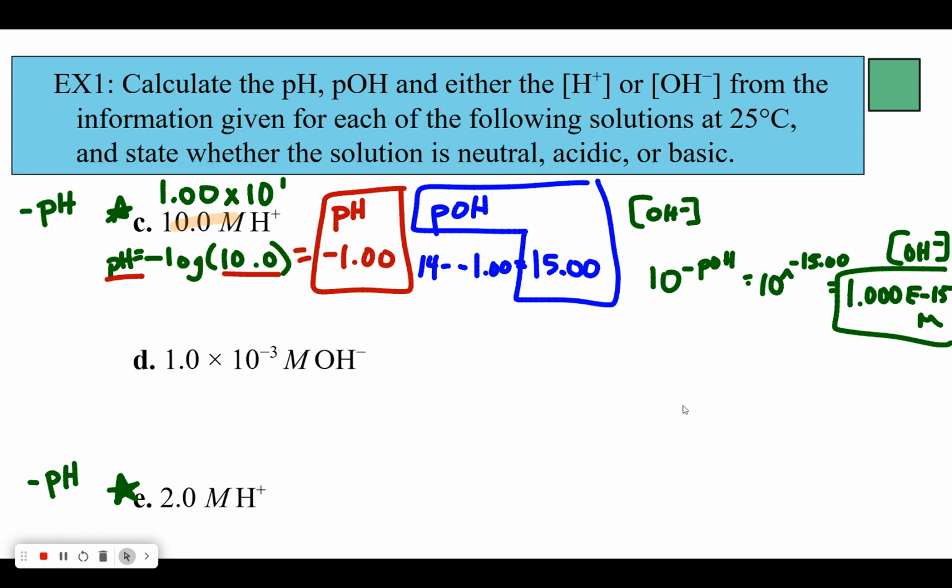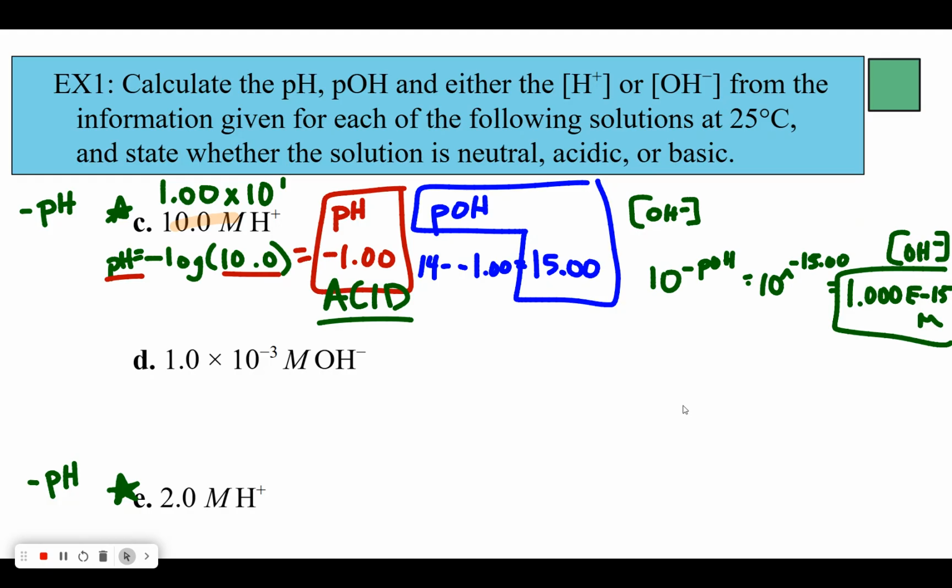In B, we calculated the pH earlier on, but we still look at it the same. pH is 8.0, also bigger than 7, which makes that also a base. In this one, our pH is negative 1, my bad. Still negative, which means that it is less than 7, which makes this an acid.